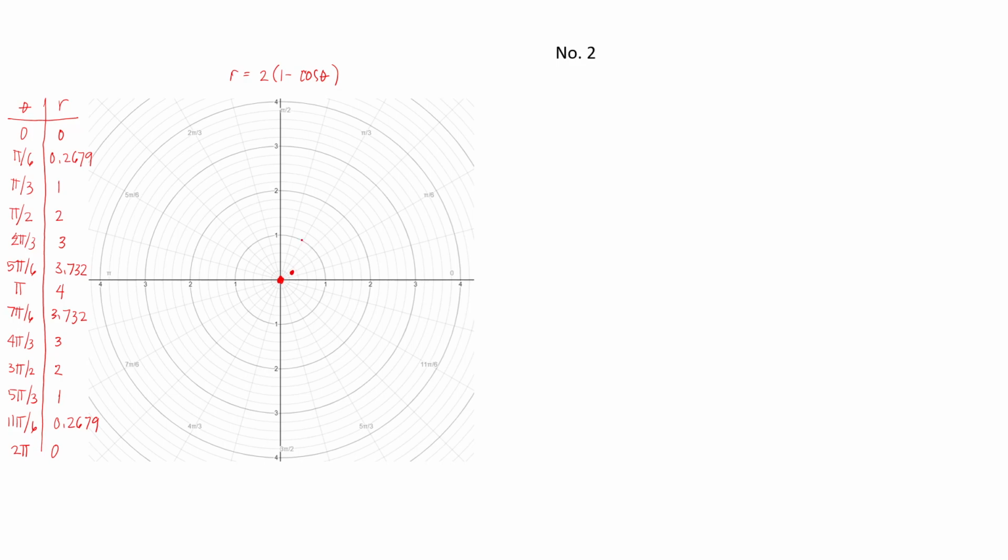Then 1, and then 2, and 3, 3.7, 4, 3.7, 3, 2, and then 1, then 0.27. Okay, so that would be the graph.